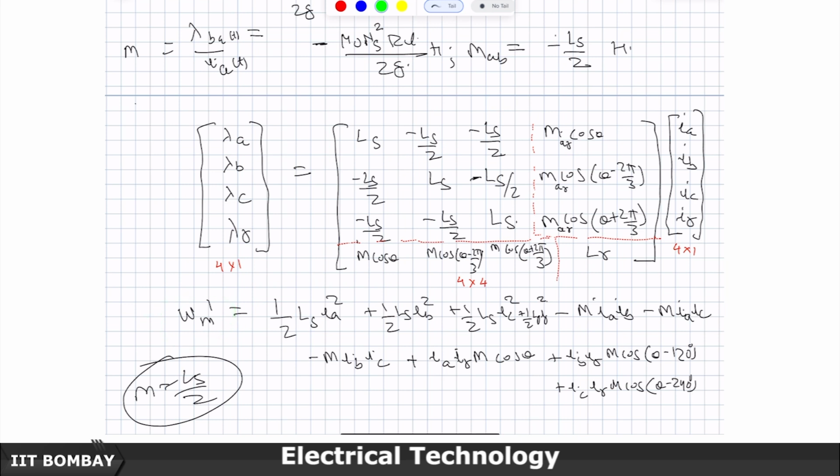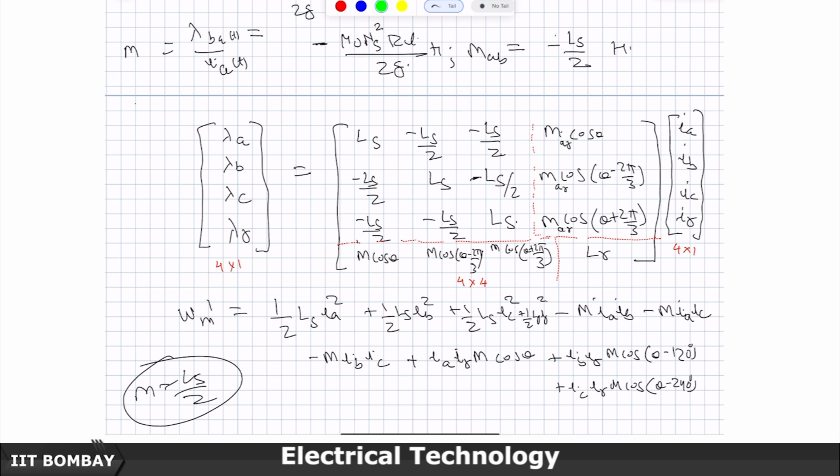Now we calculate the co-energy. How do you calculate the co-energy? I will be a bit short this time in my description. I first create the correct assembly, which is to bring the rotor to an angle theta with respect to the magnetic axis of the A phase.